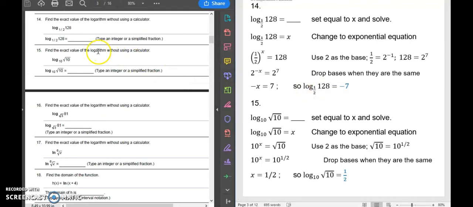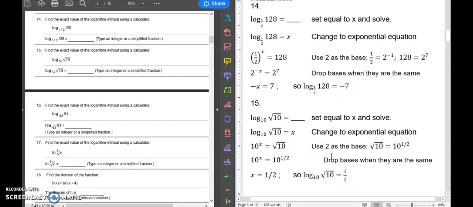Number 15, another situation where we're looking for that exponent. This time we have log base 10 of the square root of 10 equals x. So we are going to change it to an exponential equation. We'll take our base, raise it to the x power. So 10 raised to the x power equals the square root of 10. We are going to use, oops, I have 2 here.